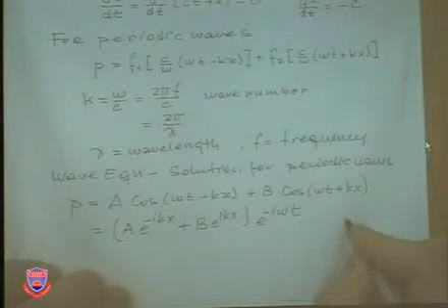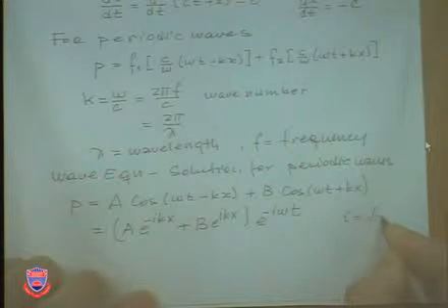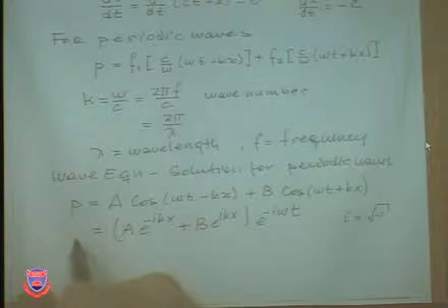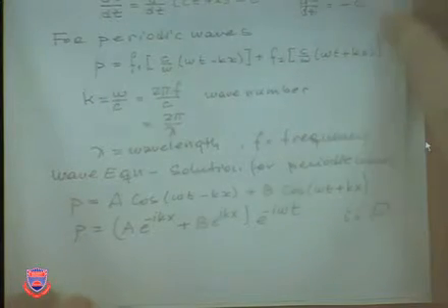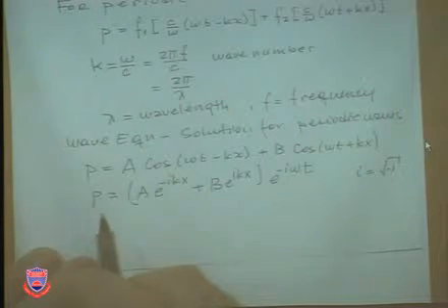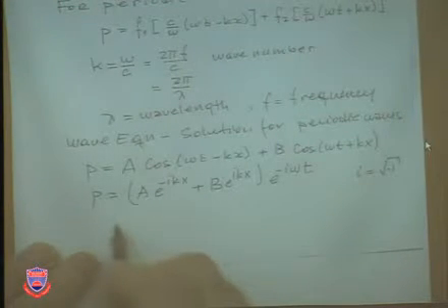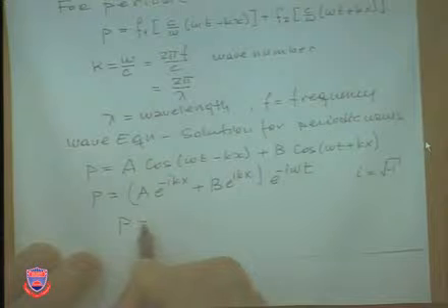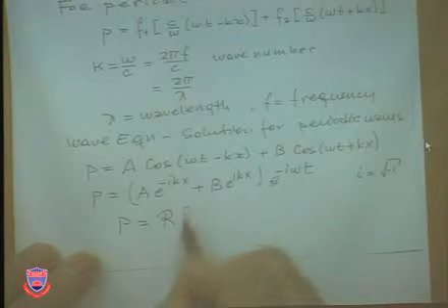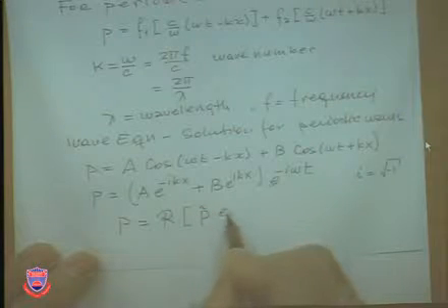Okay. Remember, i is the square root of -1, the complex number. When you write it in a complex form like this, the actual pressure is the real part of the complex pressure.